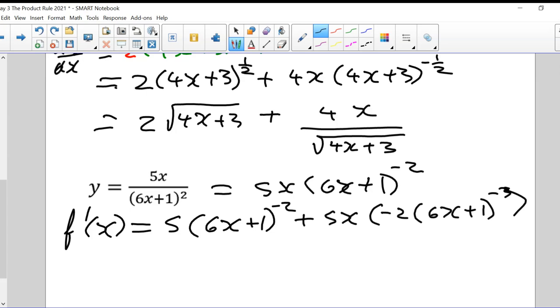The first one, I'm going to rewrite as 5 over 6x plus 1 squared. And then this part, I'm going to write as minus 10x, the 2 minus 2 times the 5. And remember, only the 6x plus 1 is being raised to the -3.